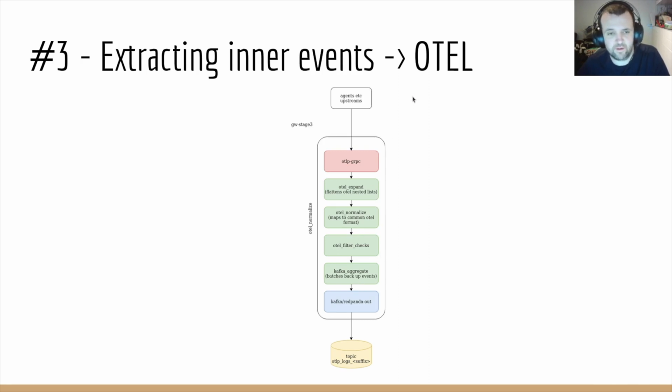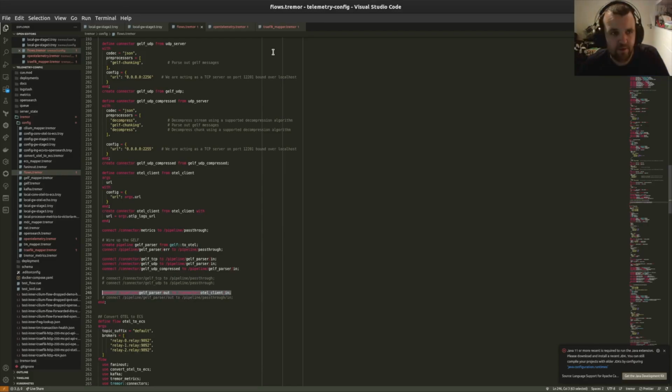So stuff like if you have a component that's logging syslog, or logging JSON-based inner logs, like Traefik access logs and app logs, or other components like Cilium, they will often log JSON events inside of the body field of the OpenTelemetry log. And then we do that in this OTEL normalize step here before it goes on to Kafka.